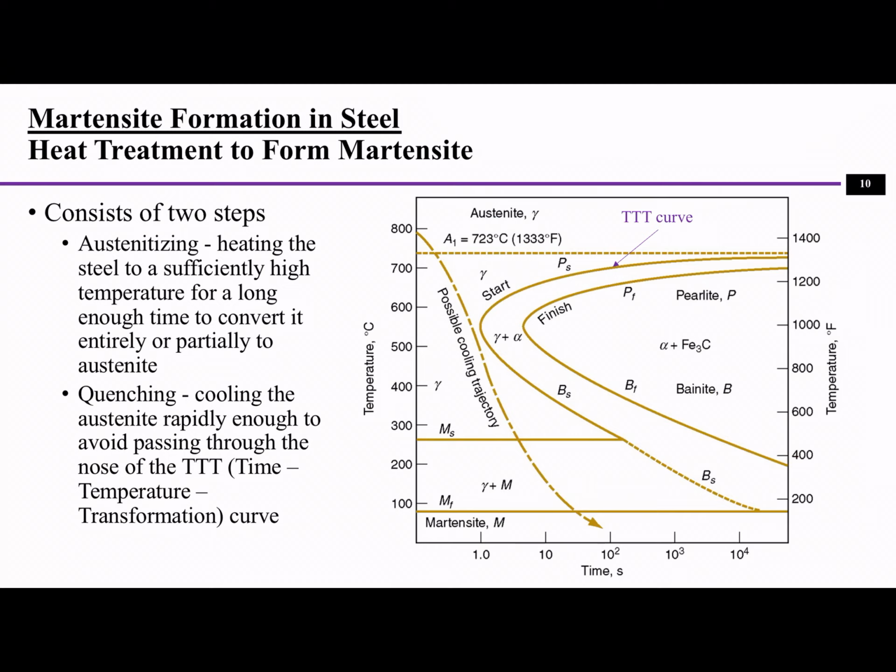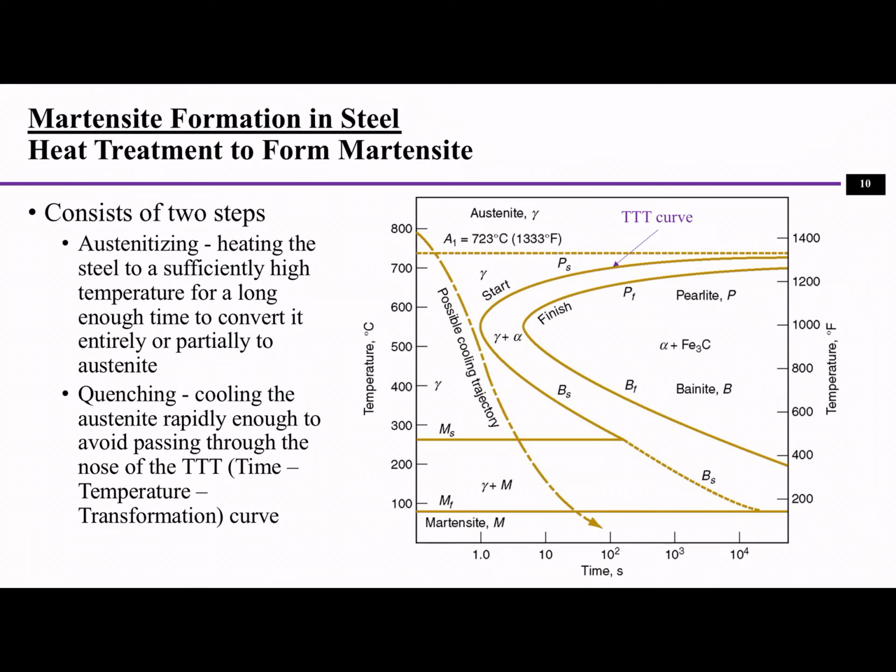And the forming of the martensite actually includes two steps. First, we want to make sure that we heat up the material to the temperature for forming austenite. Usually that's above 723 Celsius, which is 1,333 Fahrenheit.